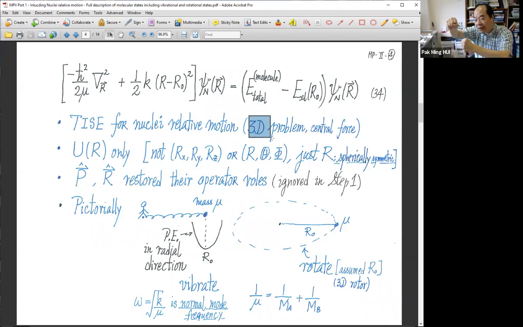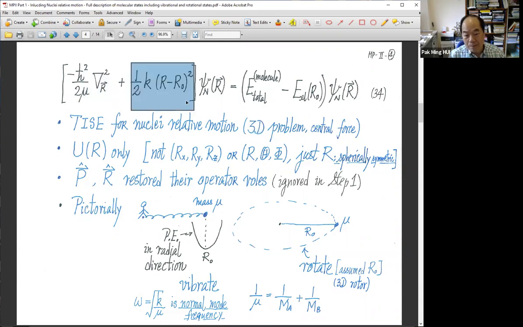But now you will see that it is moving in a three-dimensional harmonic oscillator, okay? Meaning, radially, it will oscillate like that. And then in addition, there is a theta phi problem that has to do with the rotation problem, okay? So don't mistake this as a 1D harmonic oscillator problem. It is actually a 3D harmonic oscillator problem, okay?